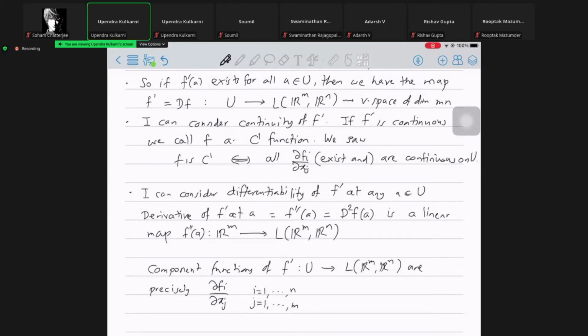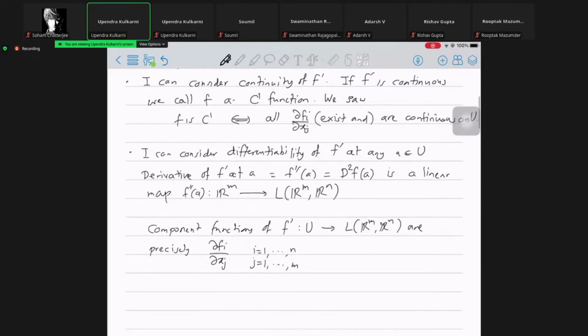As such, what will be the components of f double prime of A?